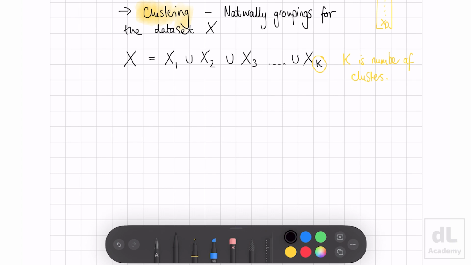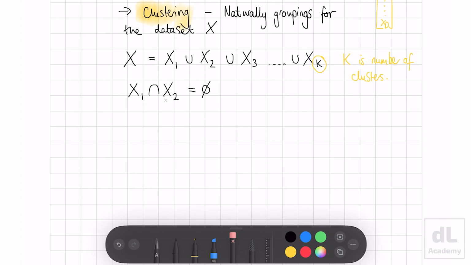So we can write this as x1 intersect x2 equals the empty set. Graphically, this is x1, this is x2, and the overlap of the two is empty. It doesn't contain any elements.